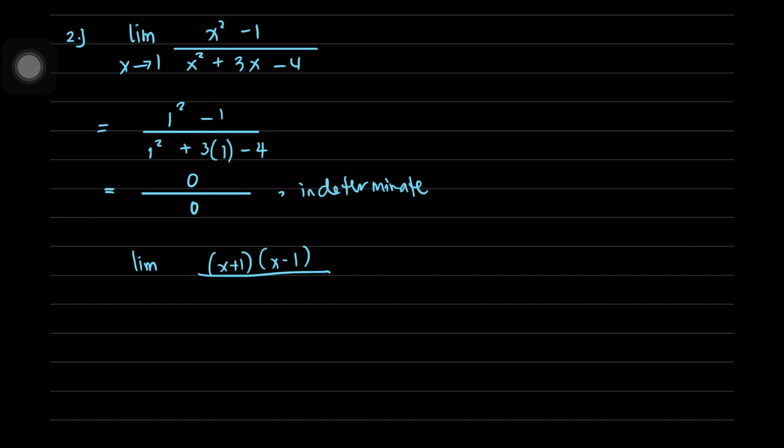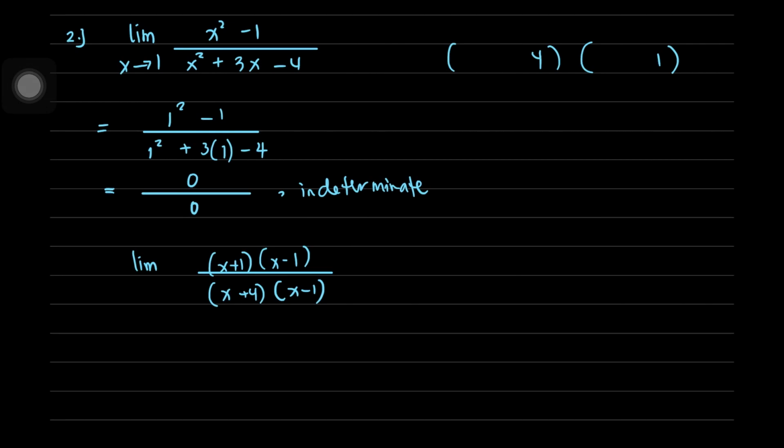All over, the denominator is also factorable. The factors of x squared plus 3x minus 4 are x plus 4 and x minus 1. You can factor this by trial and error, because the factors of negative 4 are 4 and 1, or 2 and 2.